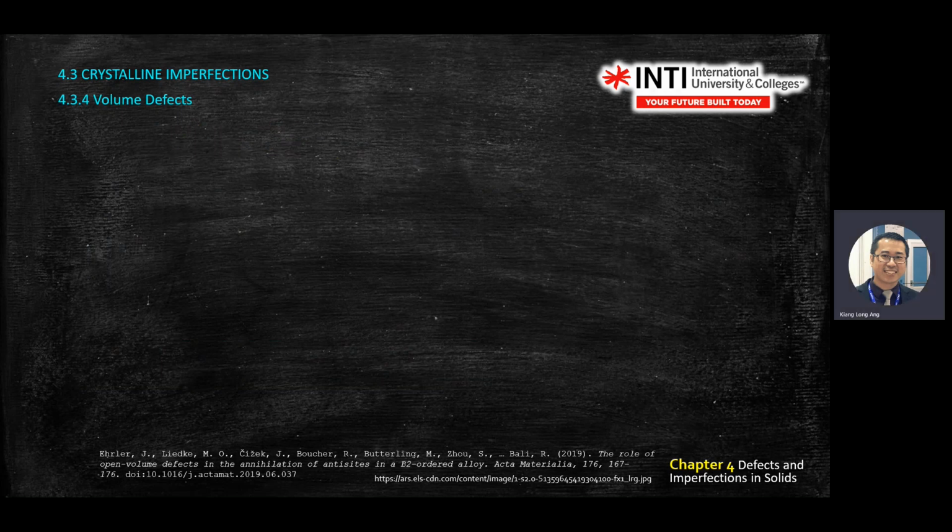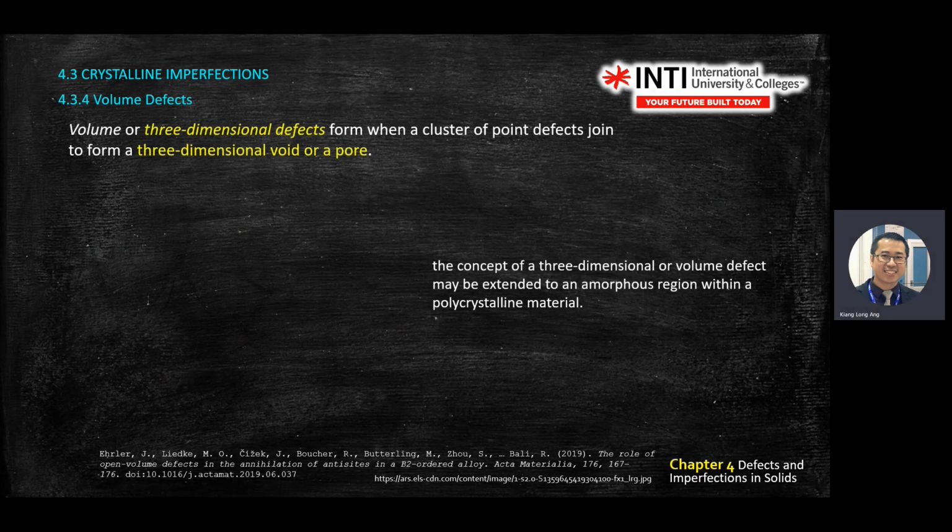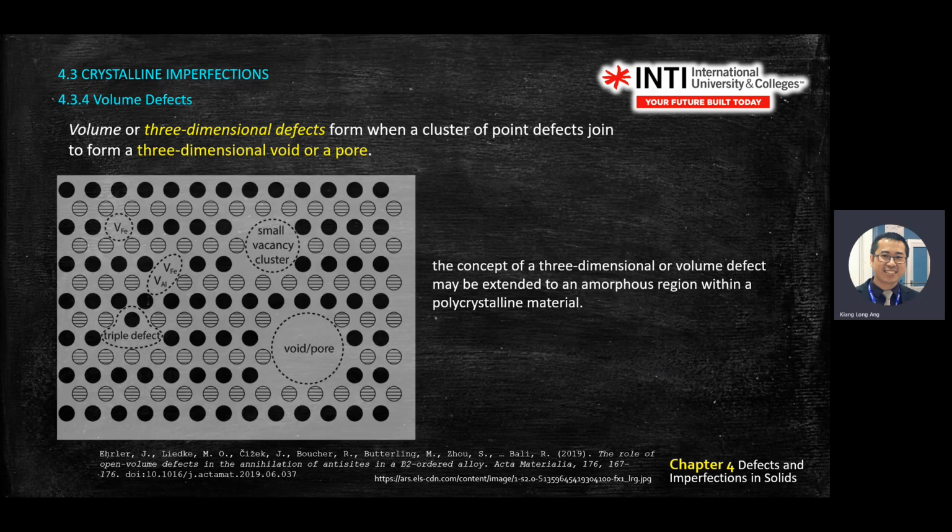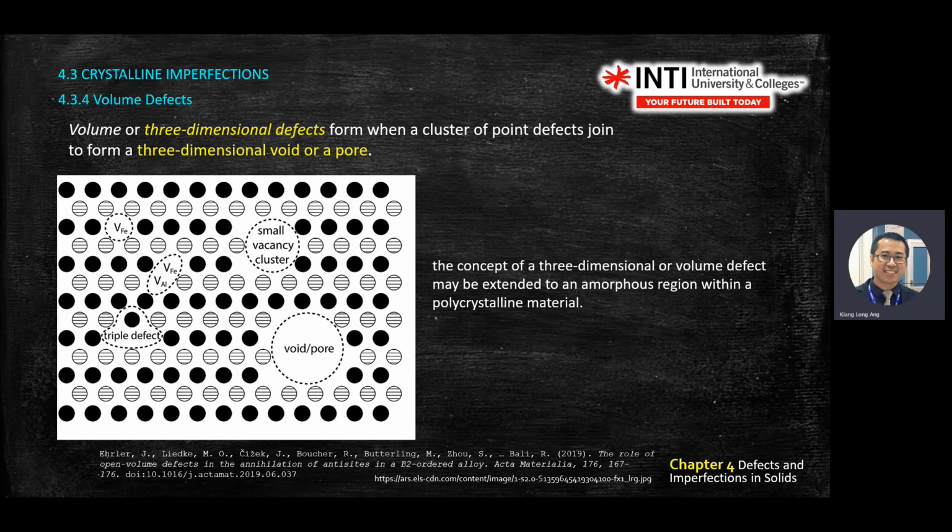Then we upgrade a little bit to three-dimensional, it becomes volume already. Plane is 2D, then you upgrade a bit and it becomes volume. Volume defect is easily detected by naked eye or under a low power microscope. So it's a three-dimensional defect. The keyword for volume is three-dimensional defect. It's a very big space that is missing. And again, if it's a point defect, we use vacancy.